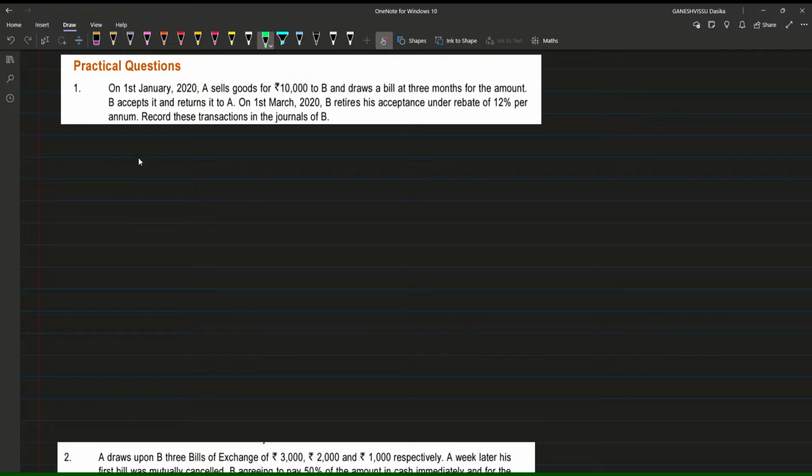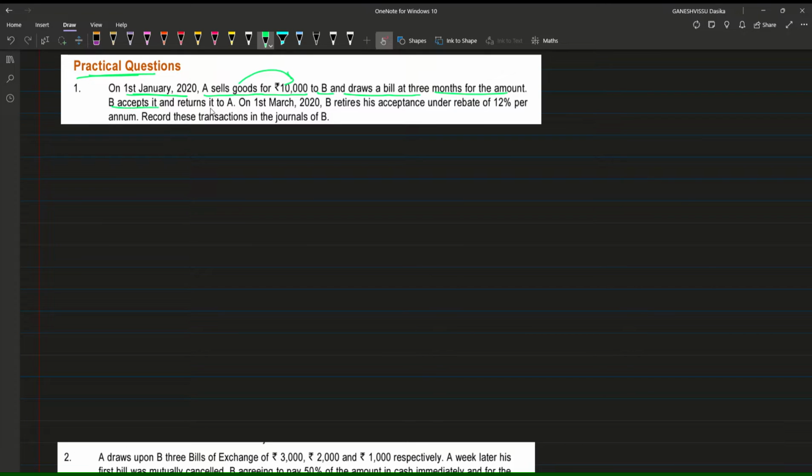Let us see the question. Practical question number 1. On 1st January 2020, A sells goods worth 10,000 to B and draws a bill at 3 months for the amount.